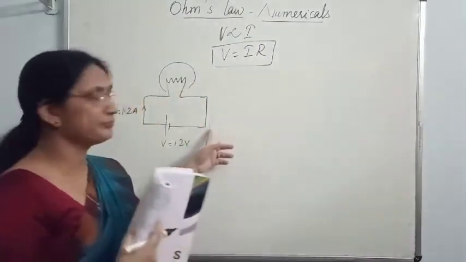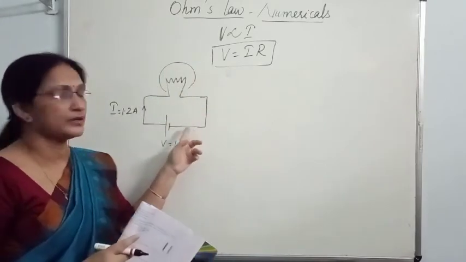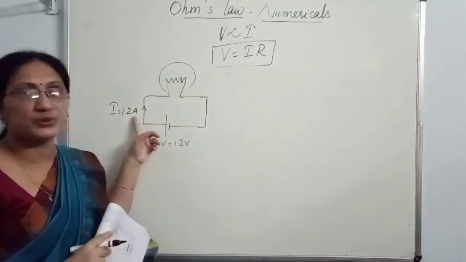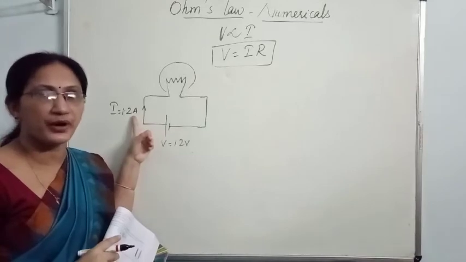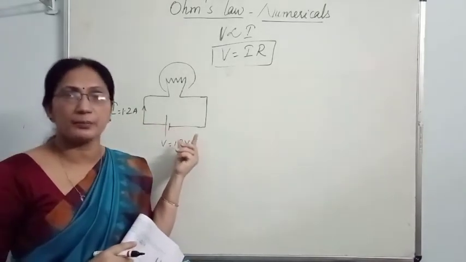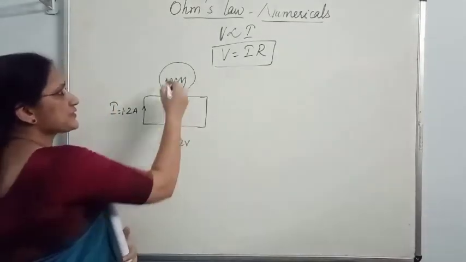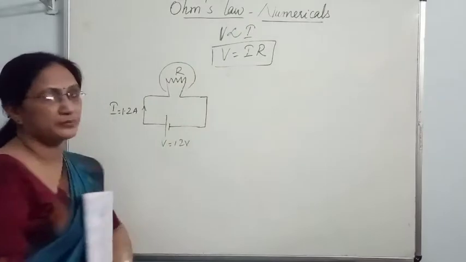Look at the diagram. It is the circuit of a bulb. The current flowing through the circuit is given 1.2 ampere and the potential difference of the cell or battery is 12 volt. What will be the resistance of the filament of this bulb?